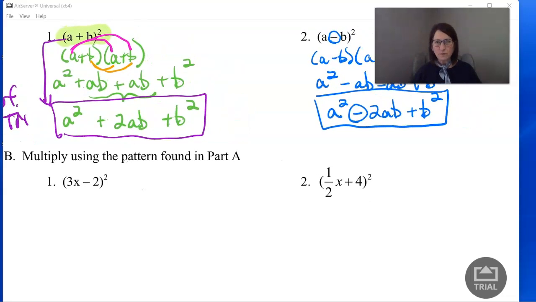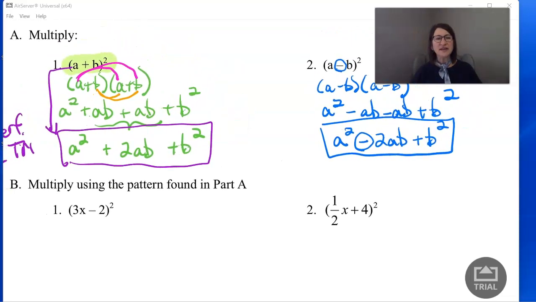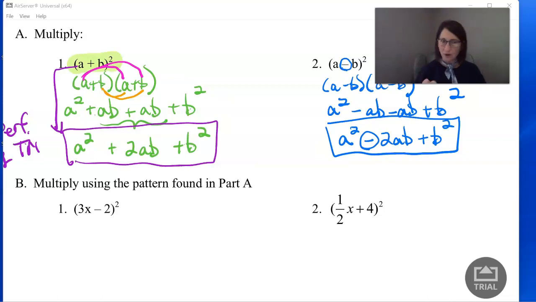Okay, and so this gives me, the 3x is my a, and the 2 is my b. I don't say a negative 2, okay?